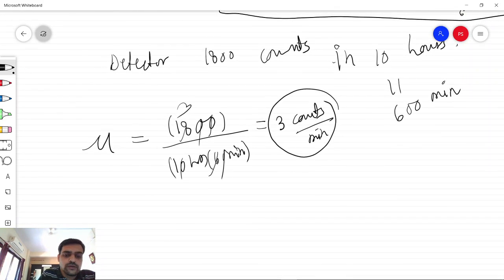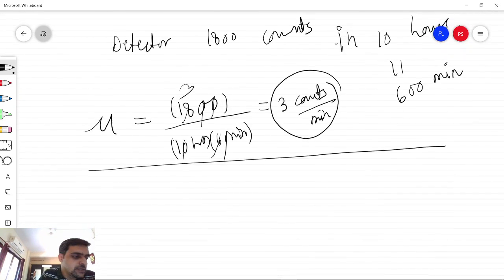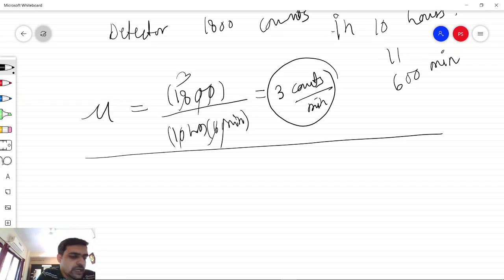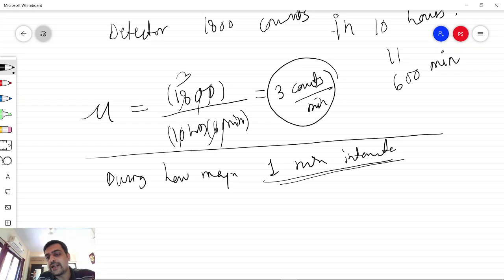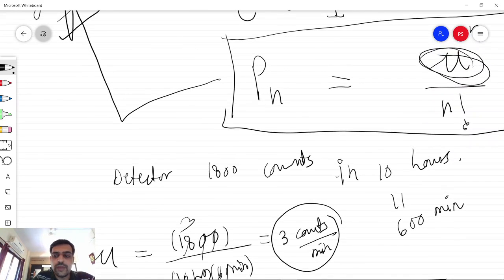So we can ask a number of questions. During how many 1 minute intervals, note that since we have been asked about 1 minute intervals, we are asked to find the probability per unit time, so we are going to apply this formula.